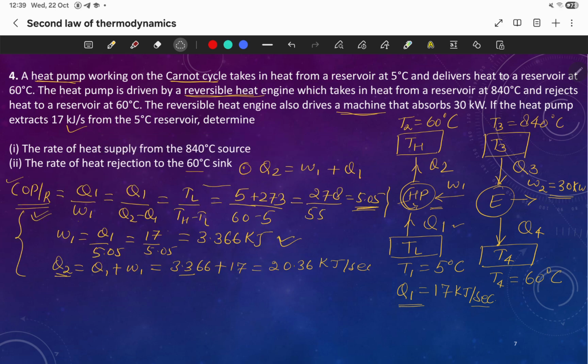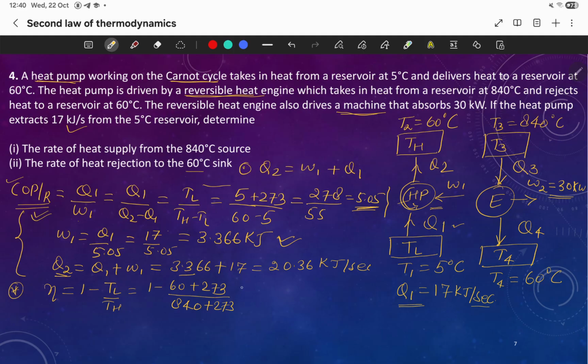Now let's focus on the heat engine. If we write the efficiency of heat engine, this will be 1 minus T lower upon T higher. So this is 1 minus T lower, which is 60 plus 273, upon T higher, which is 840 plus 273.